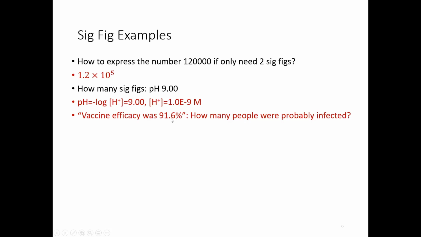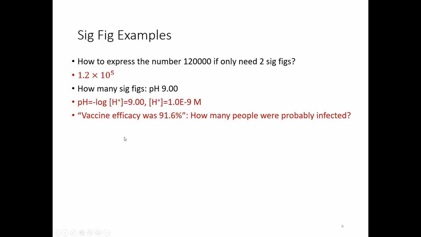So in this case, when you read in the newspaper broadcast, it says the vaccine efficacy was 91.6. It had 3 sig figs. If you know the process, then that means at least we have 100 people that were infected in the control group. So we can generate a number with 3 sig figs.